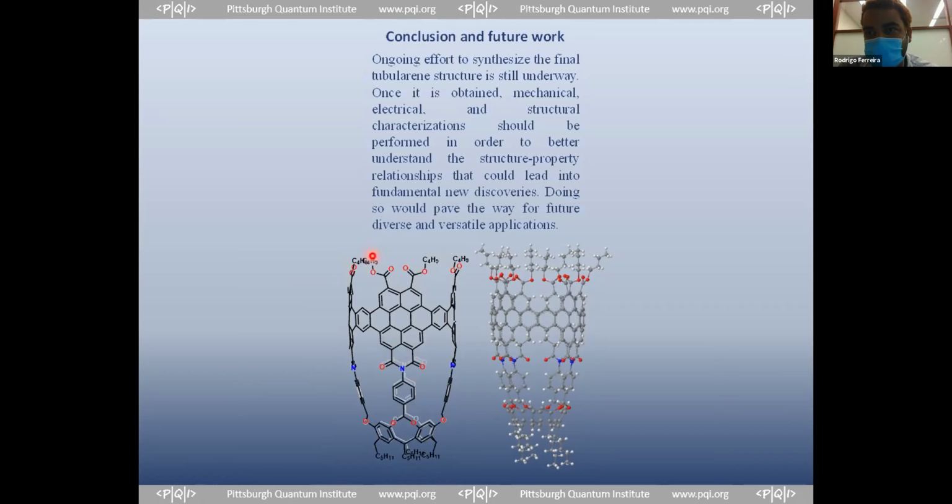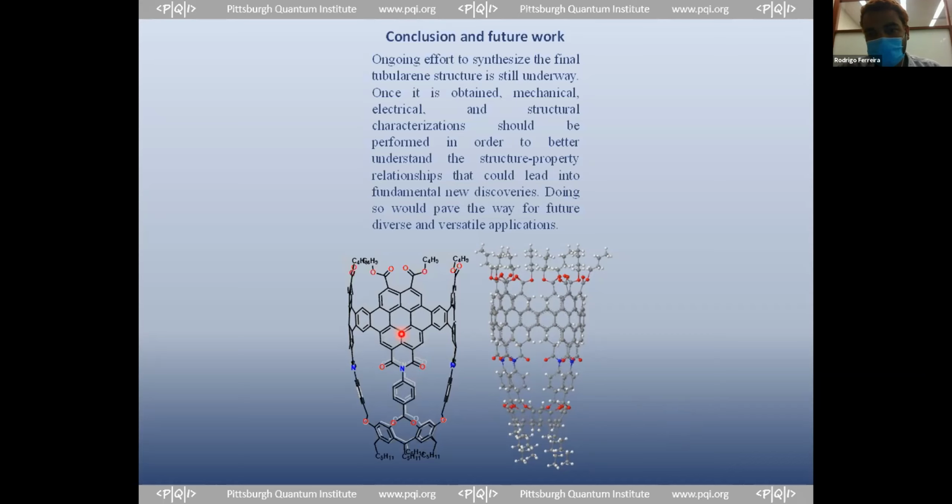So we are able to, for example, change the length of those chains by using C11 or undecyl chains or dodecyl chains. And by doing so, we are able to change the solubility. So if you want a more soluble structure, depending on the application, if it's for drug delivery or any application, we can change those alkyl chains.